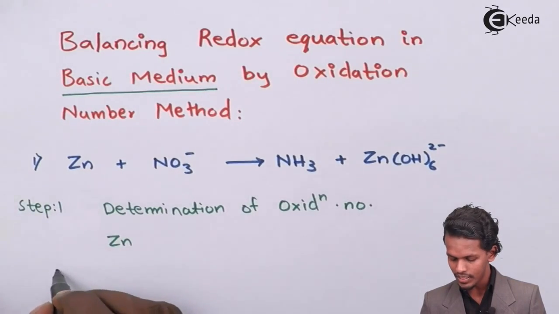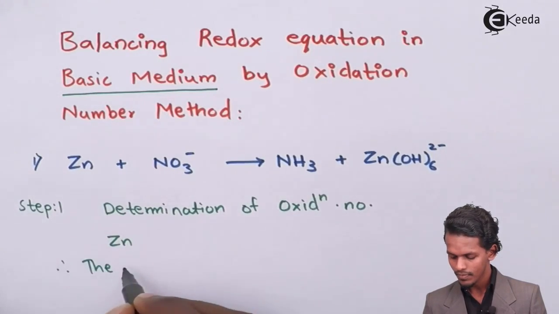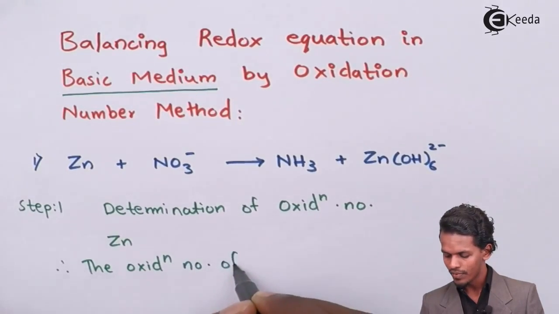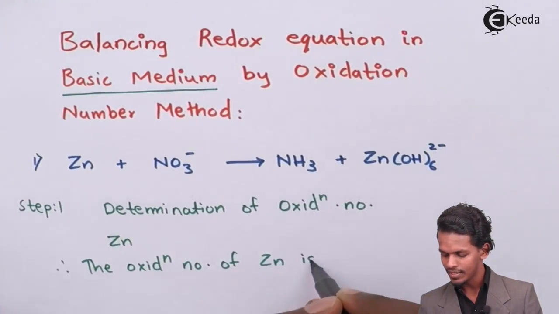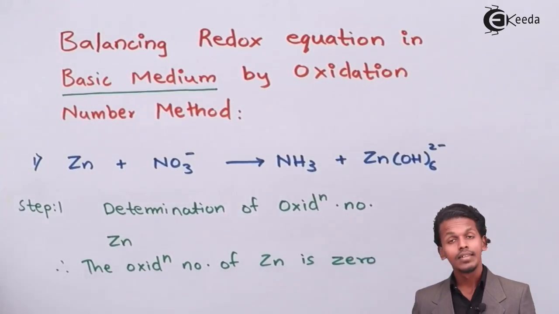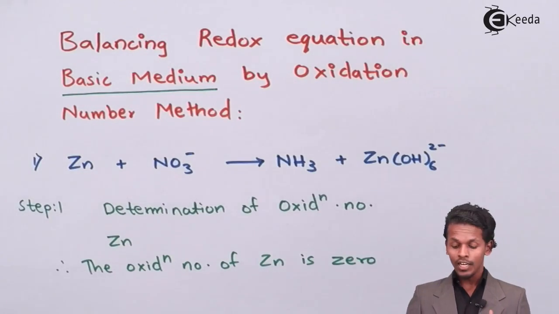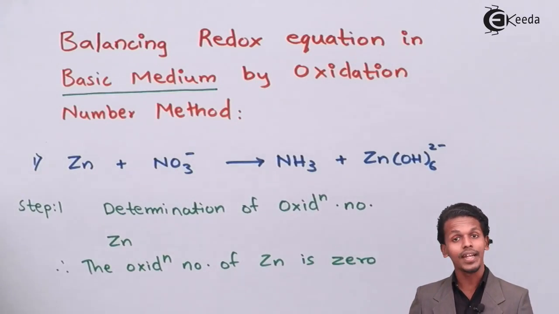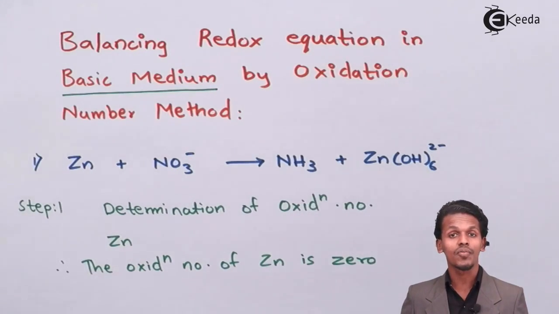So I could write it in this way. The oxidation number of zinc is 0. Now moving towards the next reactant, that is NO3 minus. Let us find the oxidation number of nitrogen present in NO3 minus.